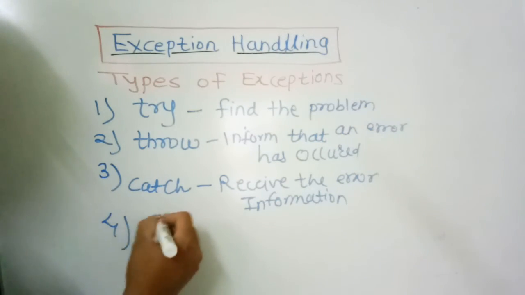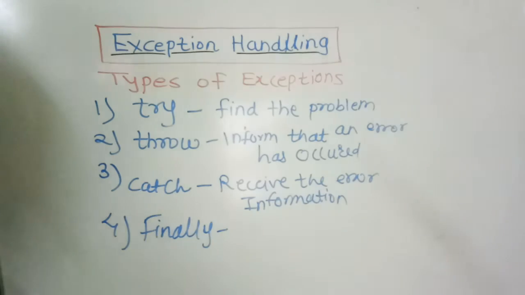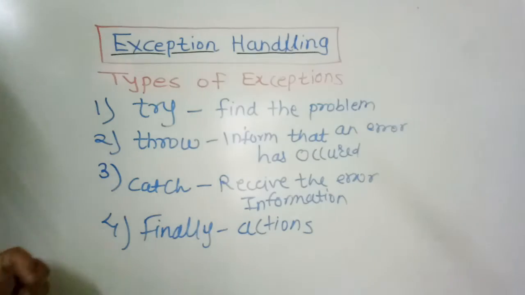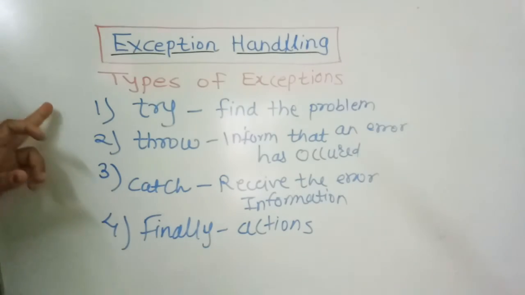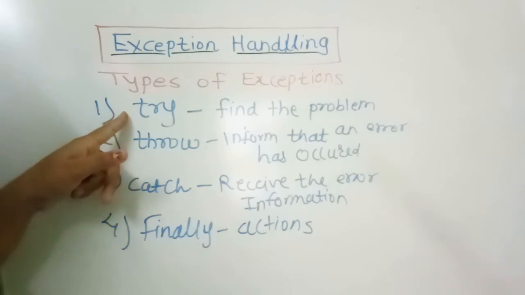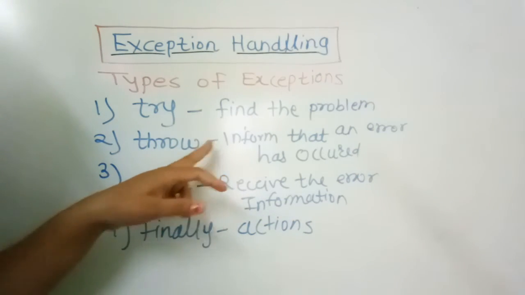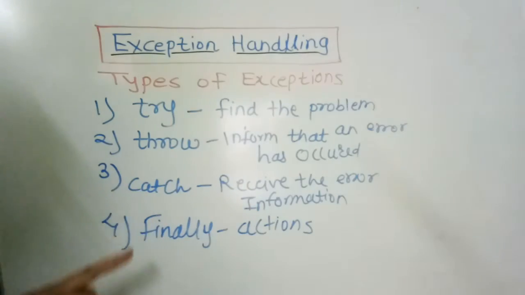And the last mechanism is finally. It handles the exceptions by taking corrective actions. So let us list the flow of this exception handling mechanism. Try finds the problems occurring in the program. Throw knows the problem and informs the system about it. Catch receives that error information.